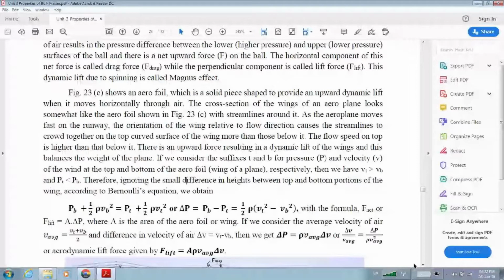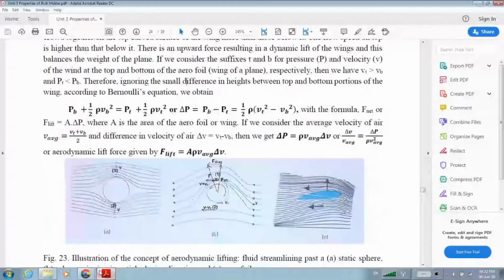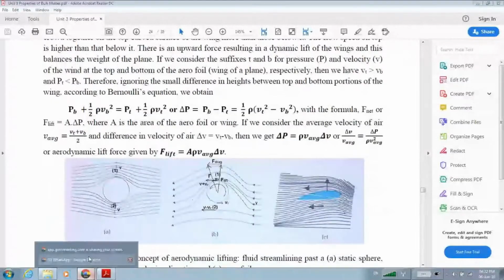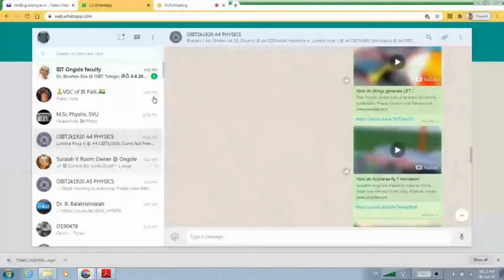The velocity of the streamline difference happens due to the structure of the aeroplane wing or aerofoil, and due to these velocities in the streamlines, pressure differences occur in such a way that upward thrust is more to favor the takeoff of the aeroplane. Similar things you can see here also, I think.